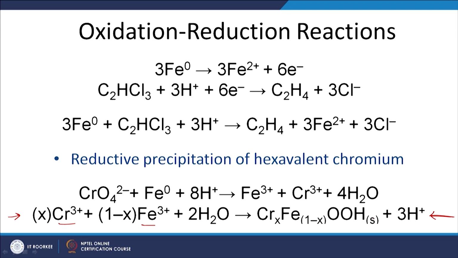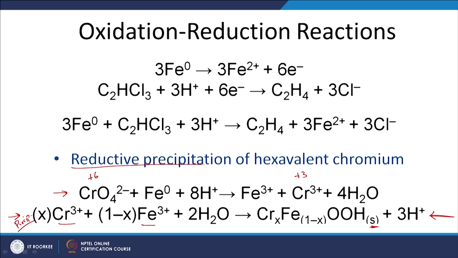Again you have a complex of iron and chromium being formed, which is the precipitate, I guess, right? So here is the reduction from chromium +6 to +3, and here you see the precipitation, I guess, right?